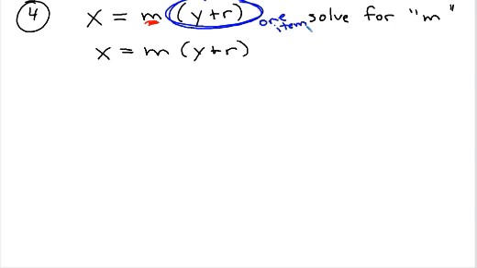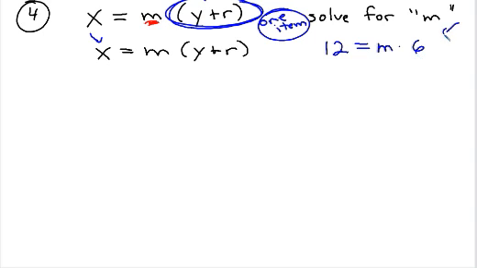So sometimes what I do on these problems is I'll come over to the side and put in some numbers just to see what's going on here. Well, x is acting like a number. So if I had 12 equals m times one item, I'll put a 6.